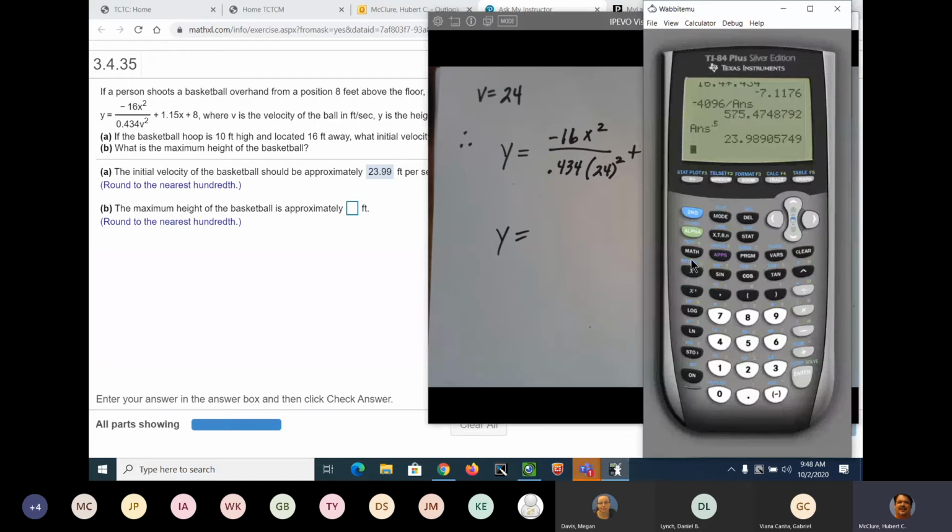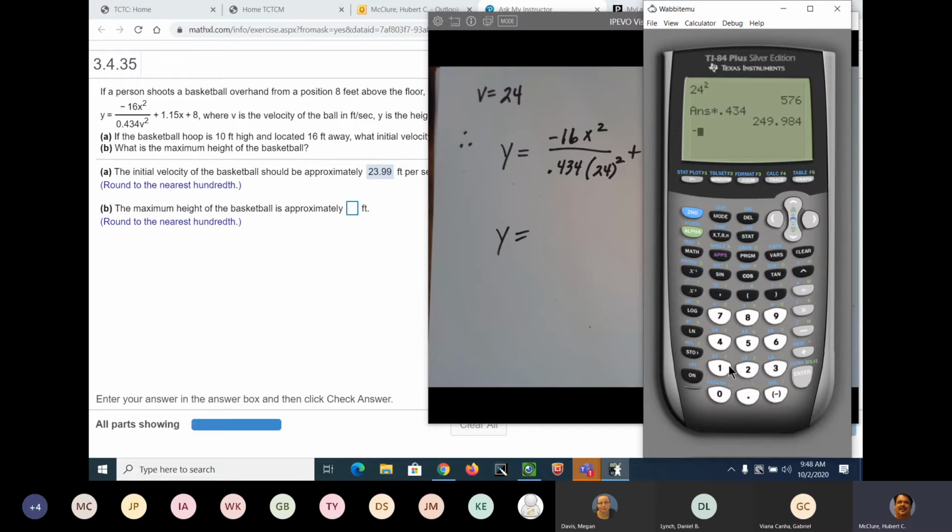Okay, here we go. Let's go ahead and do the denominator first. 24 raised to the second power multiplied by 0.434 and divide by 16.